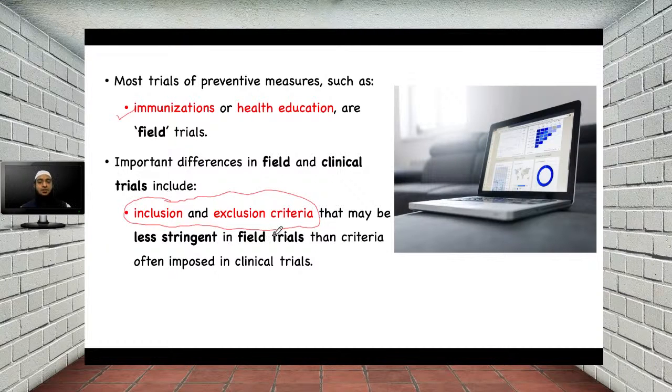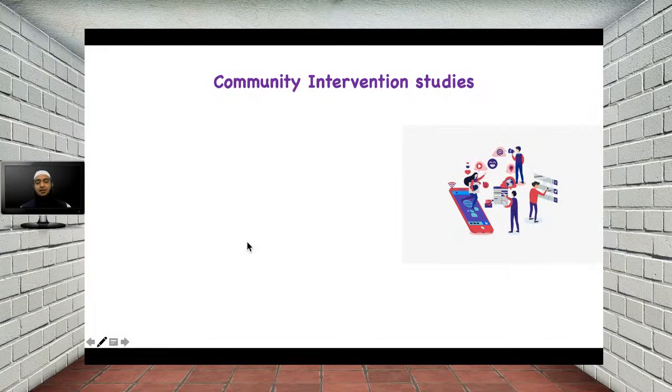It is very stringent in case of the clinical trial, whereas in the field trial, the inclusion and exclusion criteria may be less stringent than the criteria often imposed in a clinical trial. So this is another difference between the field trial and the clinical trial. I hope you understood what is meant by field trial and you are able to distinguish between the field trial and the clinical trial.